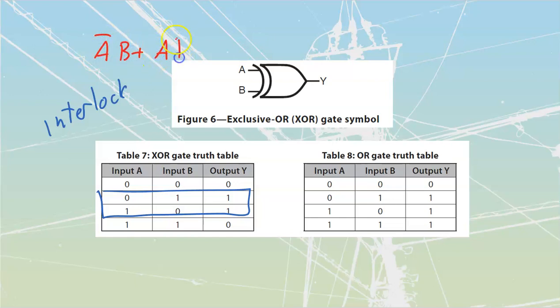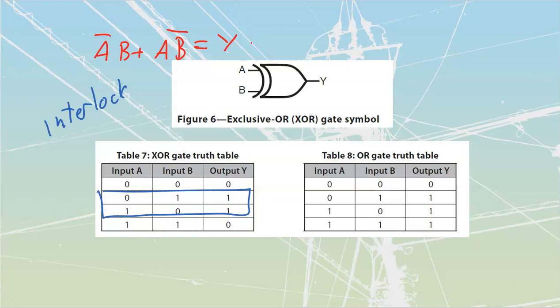Not A and B, or A and not B, is equal to Y, and you'd be able to do that off of this truth table if you want. You could take these and multiply them together. You'll find that you're always going to end up at a 0 over here. That's one way that we can write it.